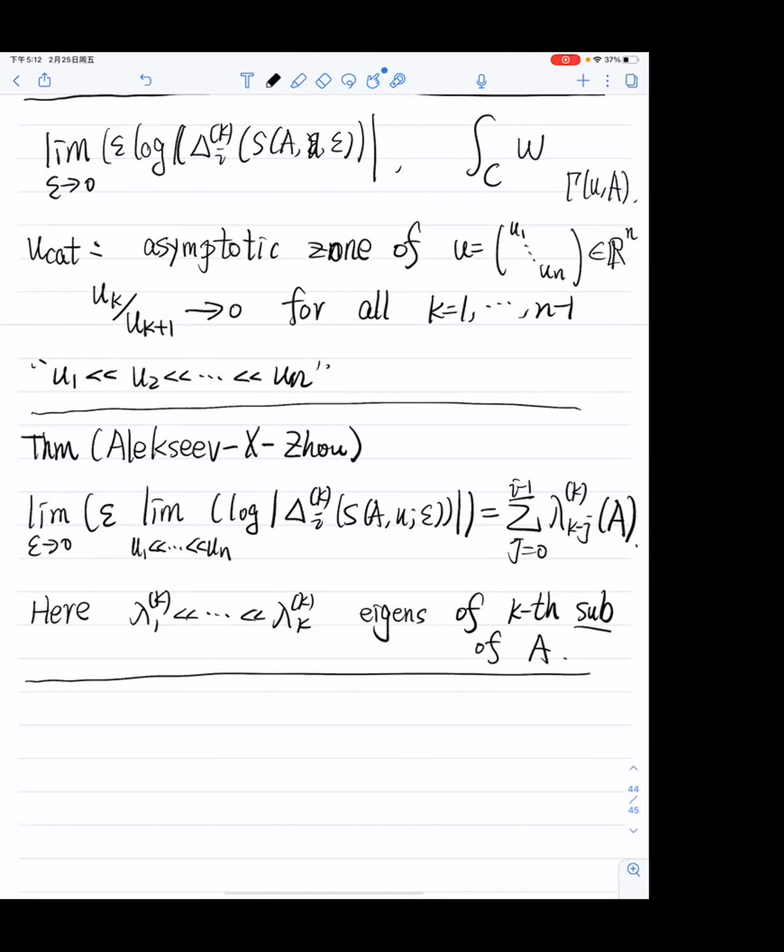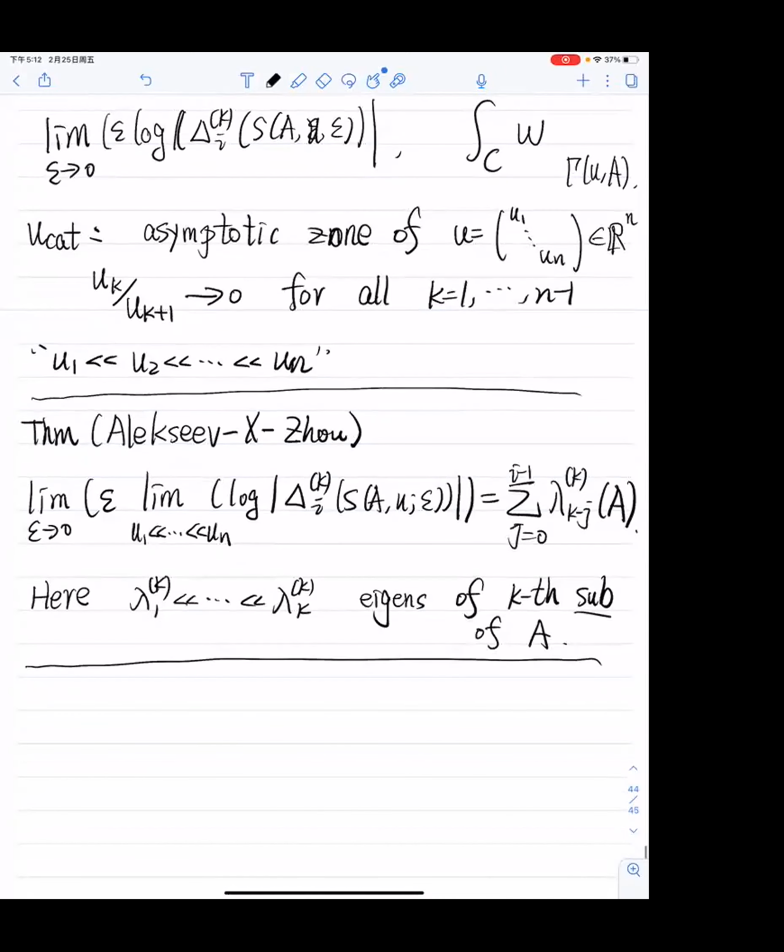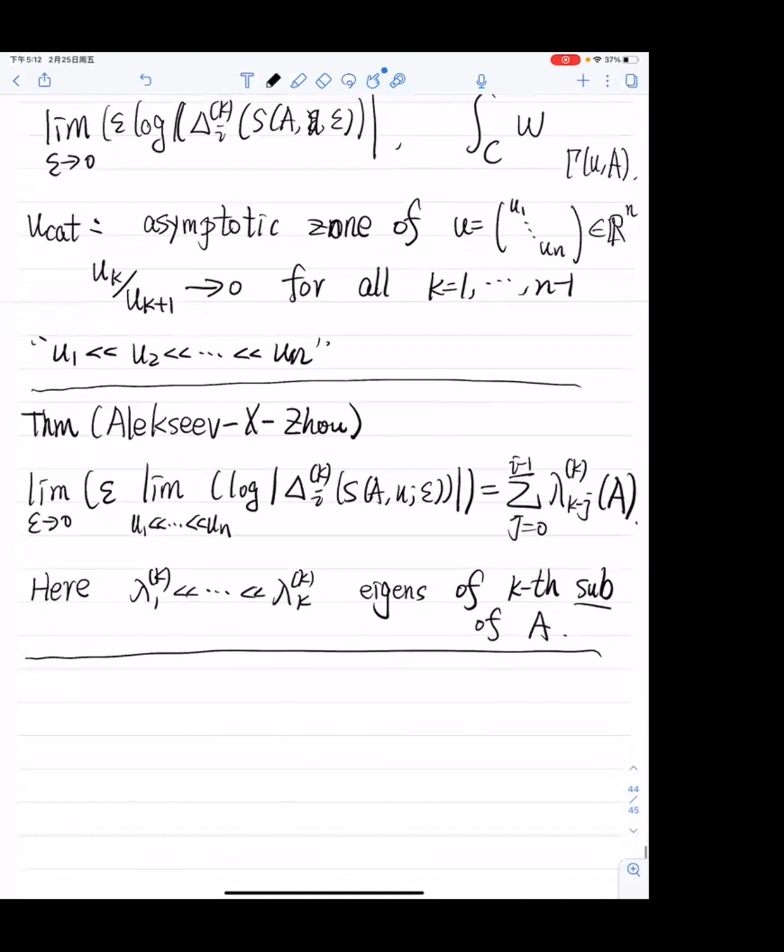So how do we compute these things? This is simply because it's based on my previous work on the asymptotic solutions. I don't have enough time to explain this, but let me just tell you why we can compute this limit.